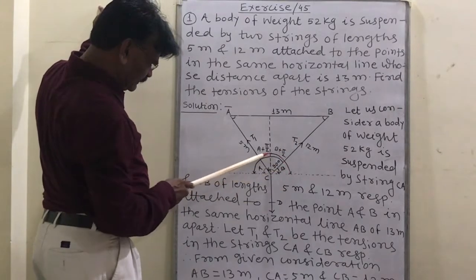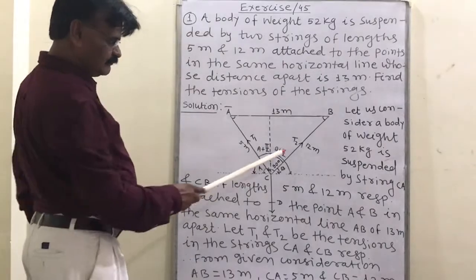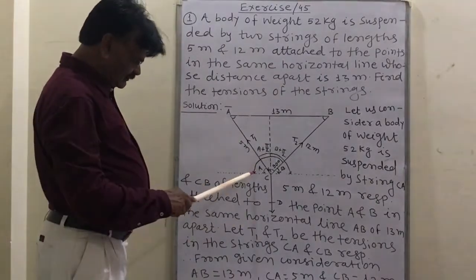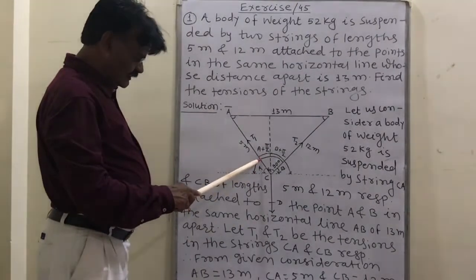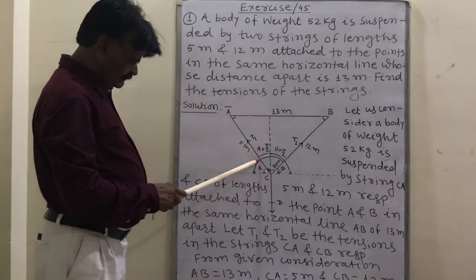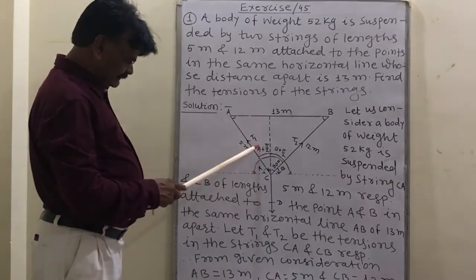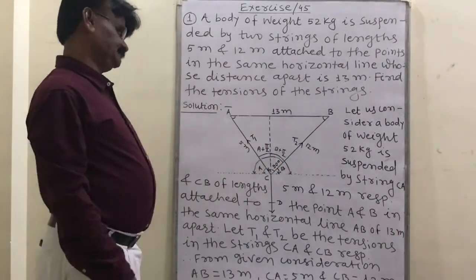So this complete angle is B plus 90, or B plus pi by 2. And here from here to here is A, and from here to here 90. So this complete angle is A plus pi by 2.